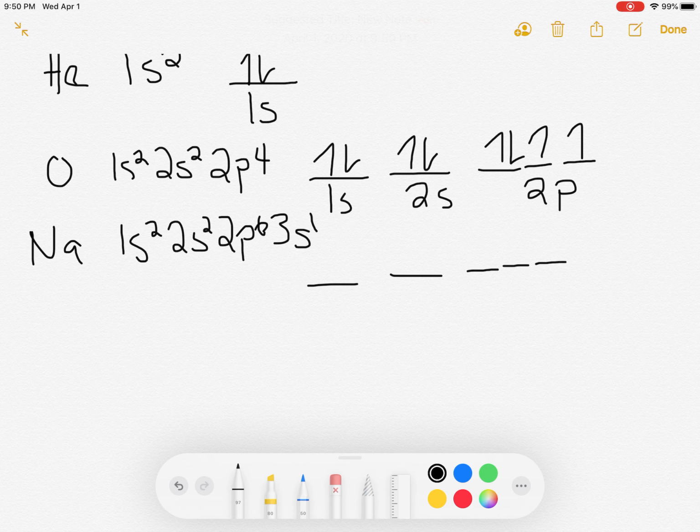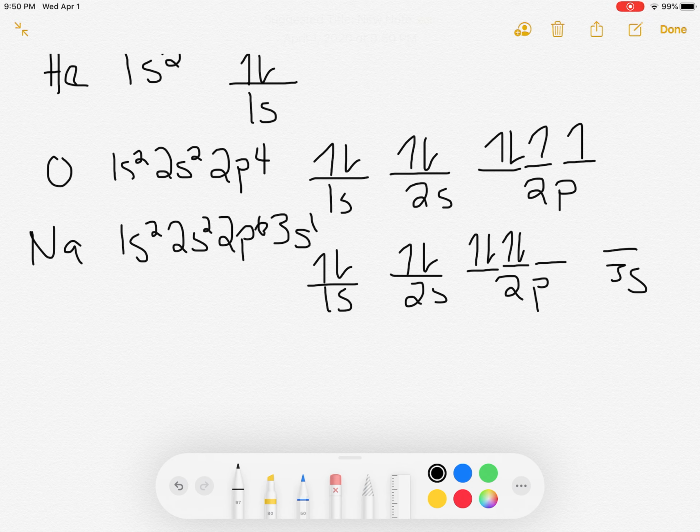So then we're going to do 1s, 2s, 2p, and 3s. We'll have an electron going up and down in the 1s, up and down in the 2s, and then 2p is completely filled, so I'm just going to go ahead and fill them up, and then 3s only has 1.